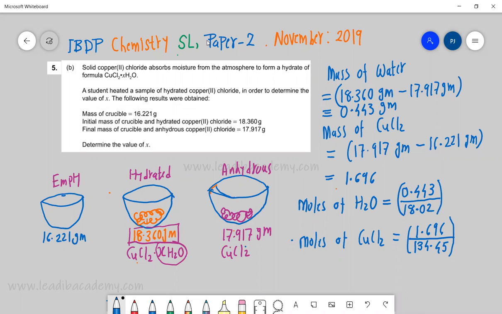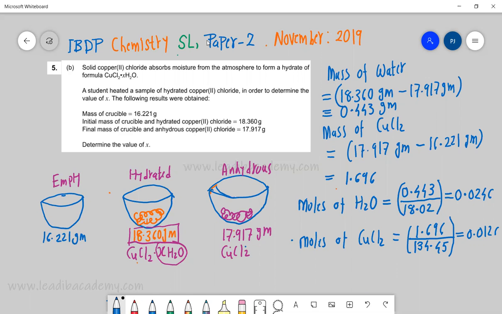Let's do these calculations. Take out the calculators, and I think you should be getting this and this. That means the moles are in this ratio.